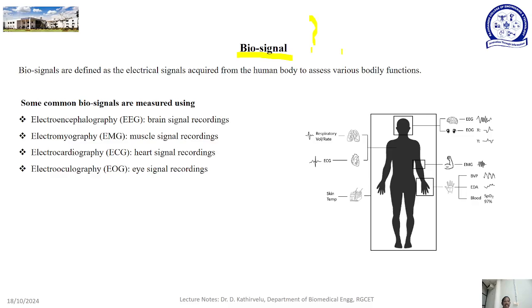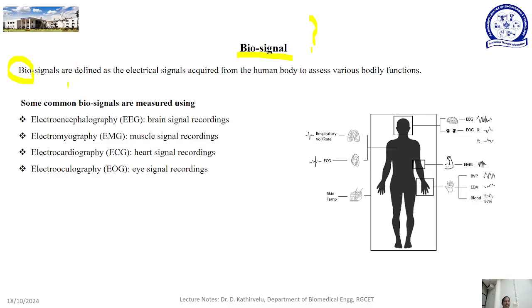Biosignals are of vital importance as they give you the exact functioning of the cells at that particular location of the human body. In short, biosignals are information that are obtained from the human body.